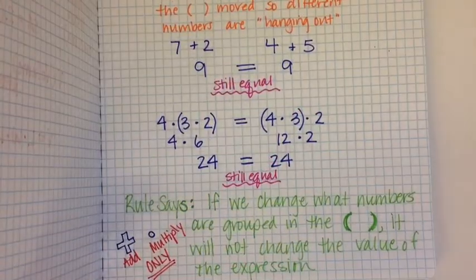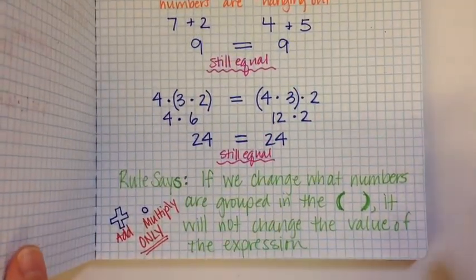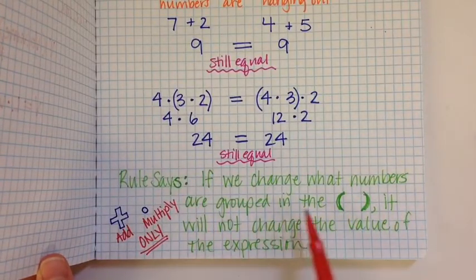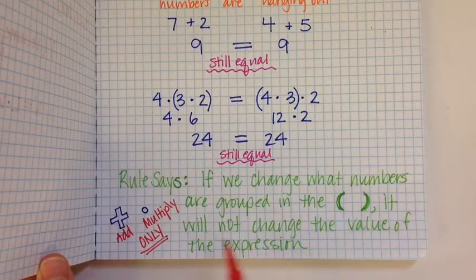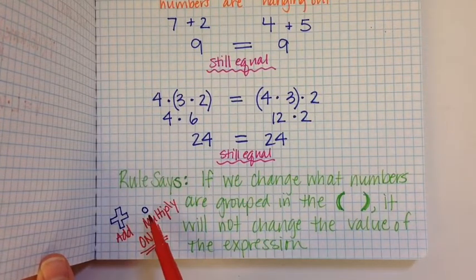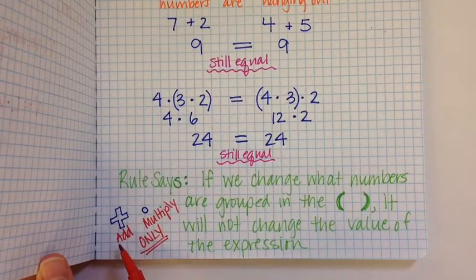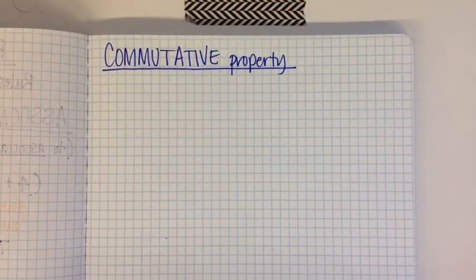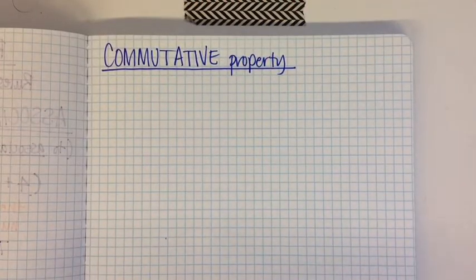Okay, so the rule says, or the "trule" says, if we change what numbers are grouped in the parentheses, it will not change the value of the expression. And then I put a little plus and a multiply symbol to remind you that this is adding and multiplying only.